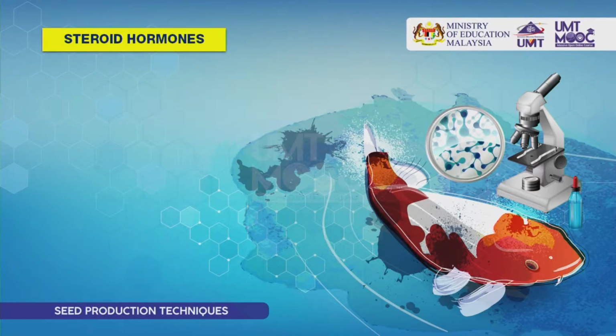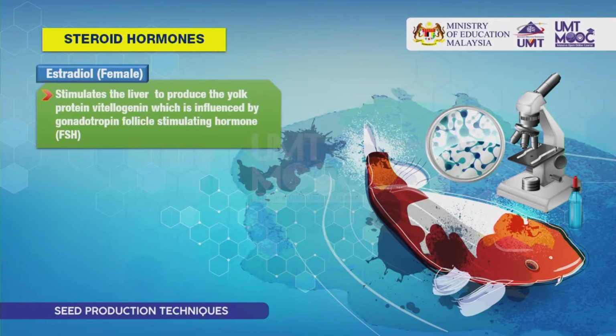The steroid hormones consist of estradiol, testosterone, and maturation-inducing hormone. Estradiol is the female steroid hormone and it stimulates the liver to produce the yolk protein vitellogenin, which is influenced by gonadotropin follicle-stimulating hormone.